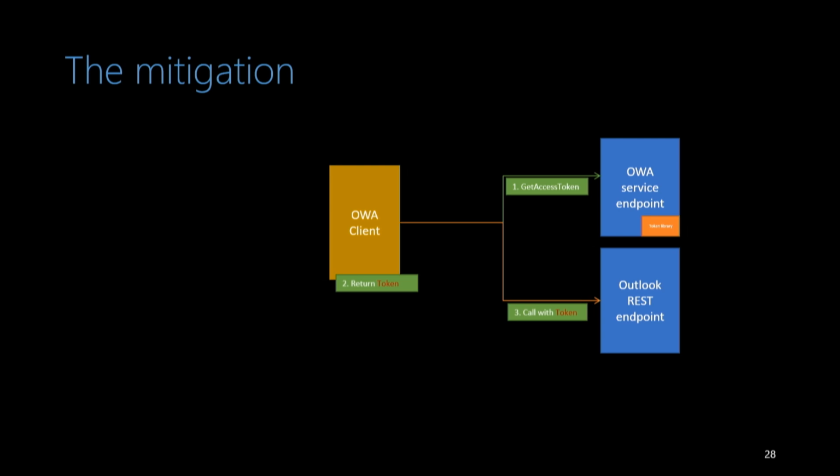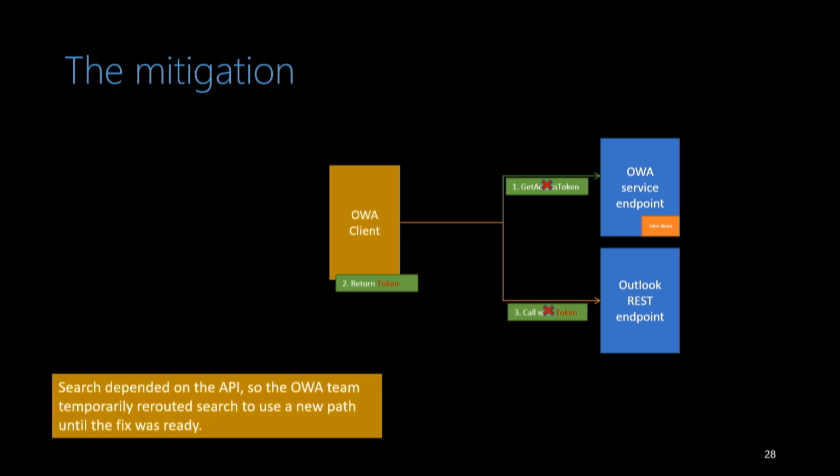So to mitigate it, we immediately turned off a flight or a switch, as we call it, to stop the get access token API from returning these partially signed tokens to the client, which also meant all the calls to the Outlook REST endpoint would fail, especially search.